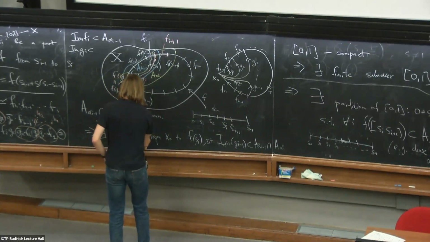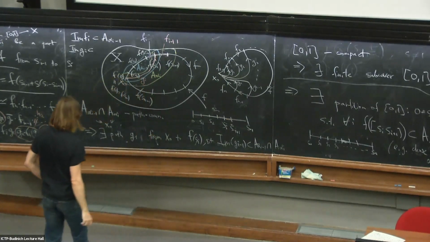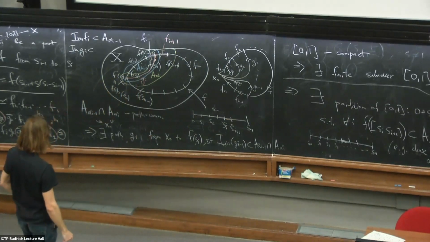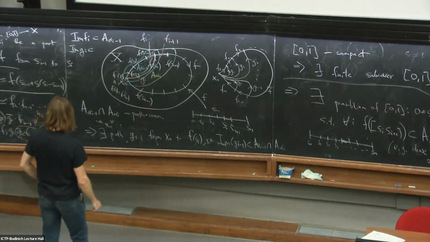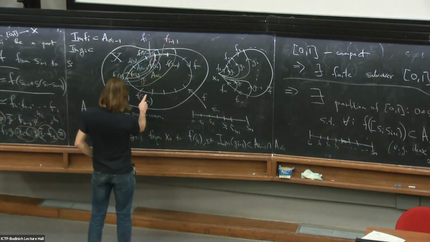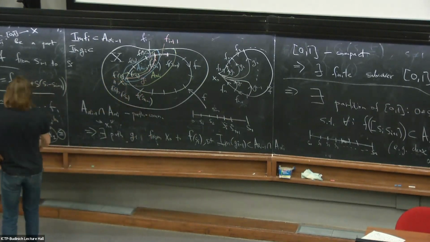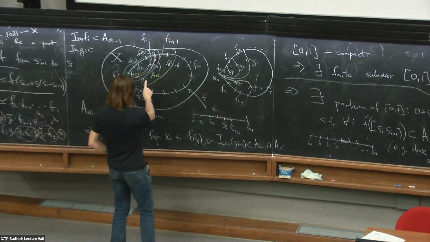Here it shouldn't be minus 1. Well, just a relabeling, but this will make things easier. Because here, this thing I wrote in assumptions, this is Gi.